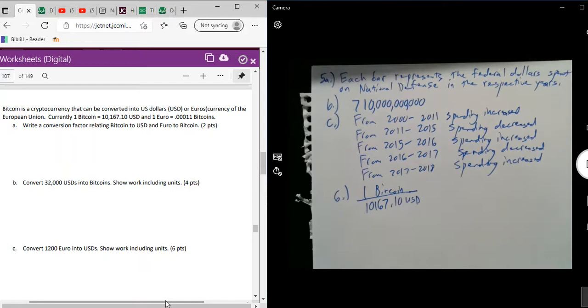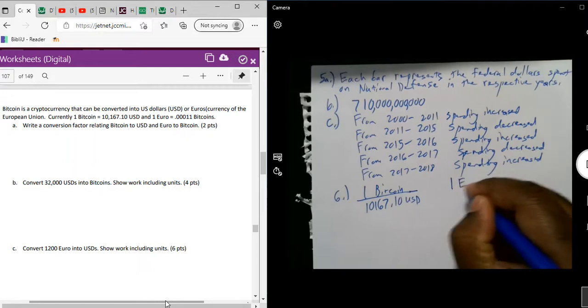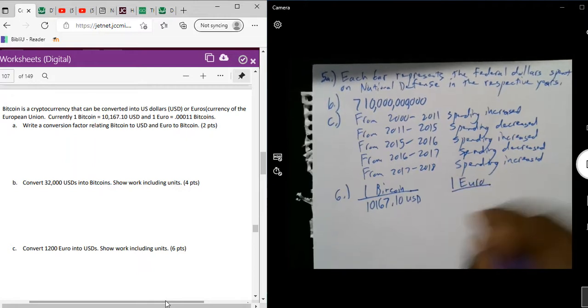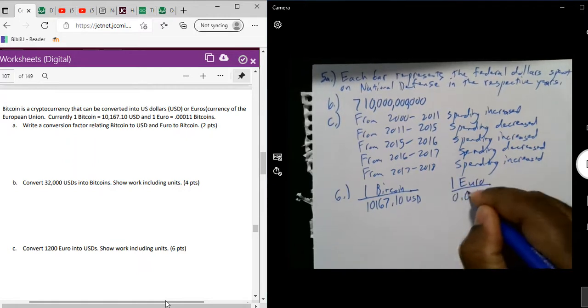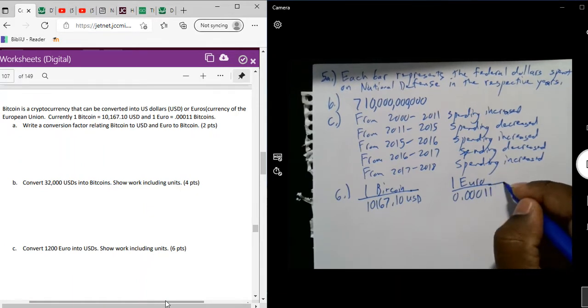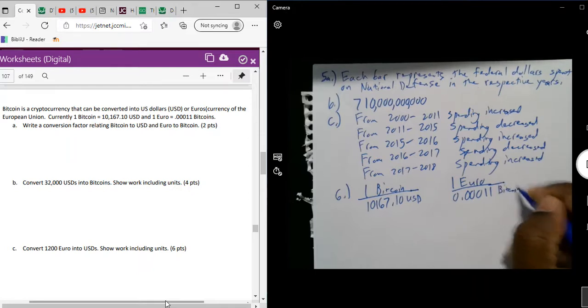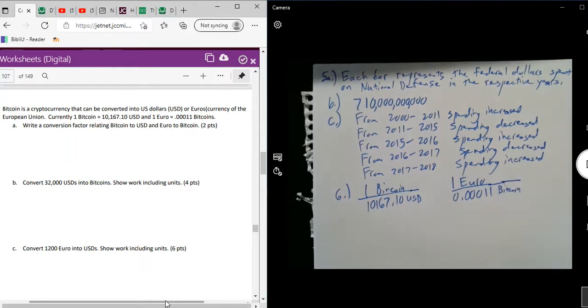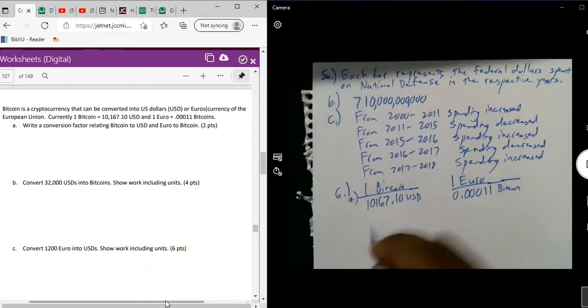Now that would take care of Bitcoin to US dollars. Now we want to do euro to Bitcoin. So it'll be 1 euro to 0.00011 Bitcoin. All right, that was A.